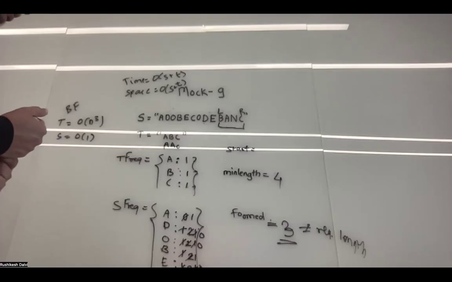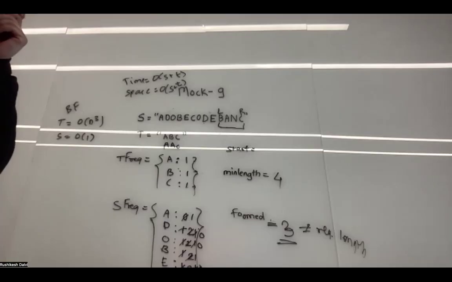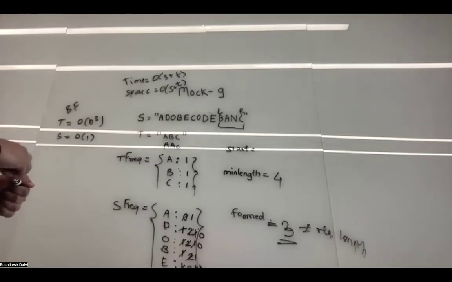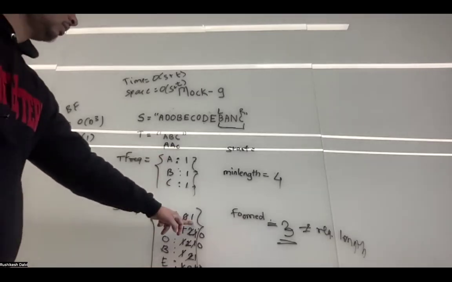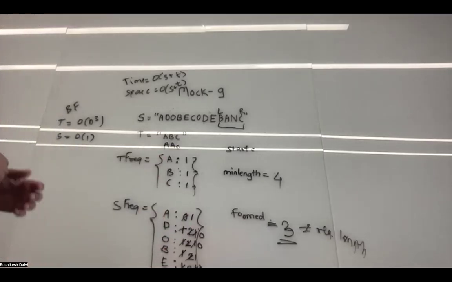Yes, correct. I forgot that part, and how you can check a character along with its frequency. When you put A over here, A is occurring once, so you have to check in the T frequency map along with its frequency as well, right? Yes, that also needs to be checked.